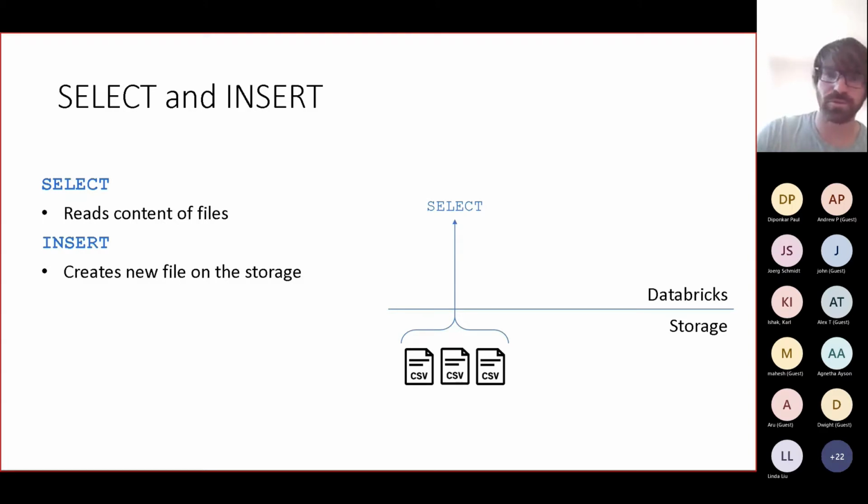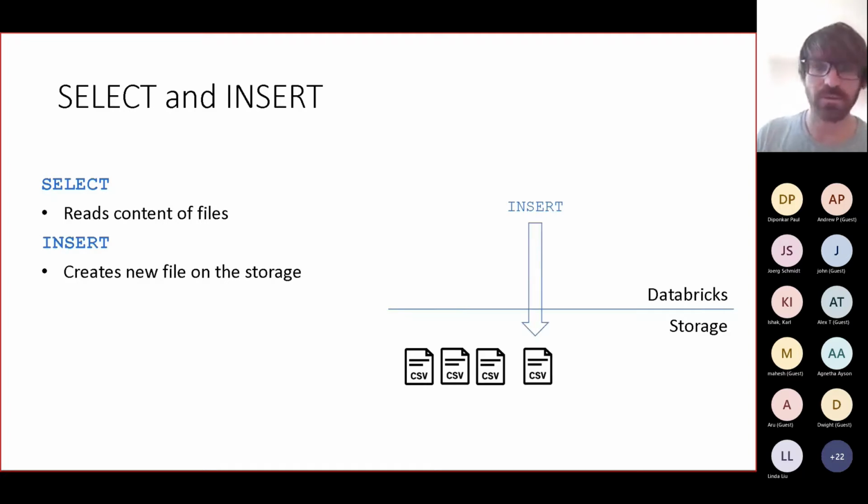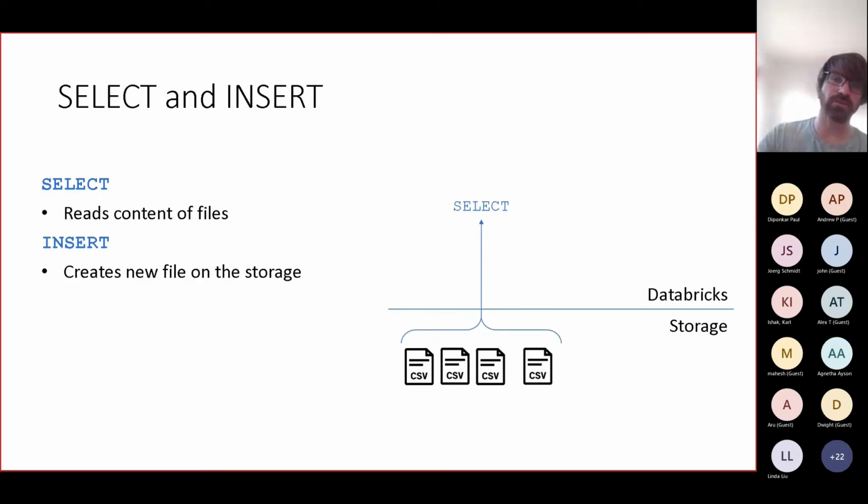That's pretty straightforward. If you do an insert, it's basically just creating a new CSV file, or a new file in your storage. Once you do another select, the next select will just pick up the new file, and your results will contain more data.